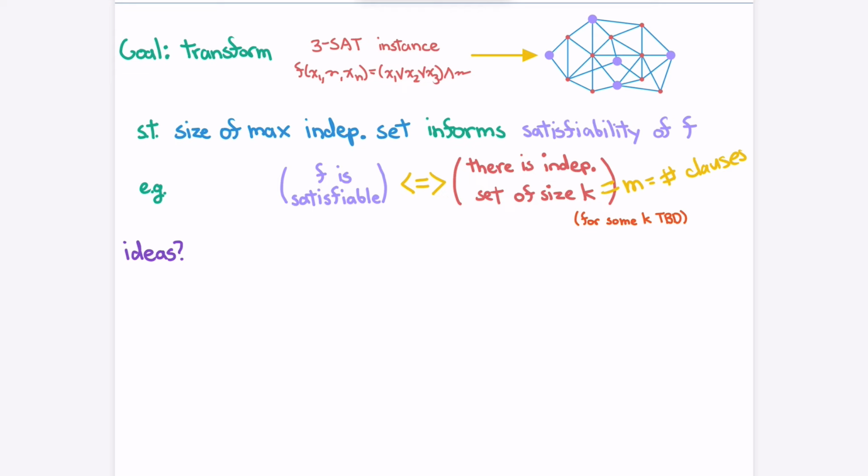Can we instead do max SAT or something? Sure, I don't know if it'll be easier. I think the main conceptual point is how am I going to take a formula and turn it into something to do with a graph. That'll definitely be similar to what we have coming up. It's set up this way, but I think it'll be easy to see how to make it your version. But maybe the real thing is, somehow being able to choose a vertex should kind of look like satisfying a clause.